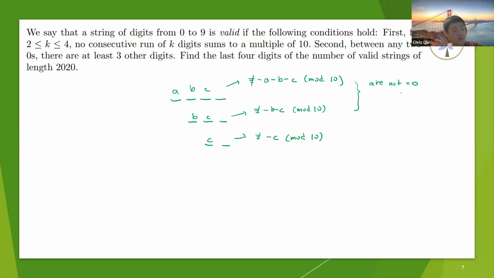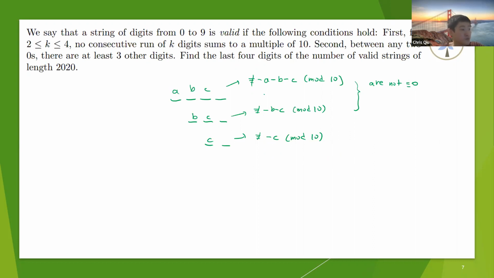Because if they were 0, then the string of 3 digits A, B, and C, or B and C, would be summing to a multiple of 10, which is bad. So these are both not congruent to 0 mod 10. The third one, C, can be congruent to 0 mod 10. So just keep that in mind.